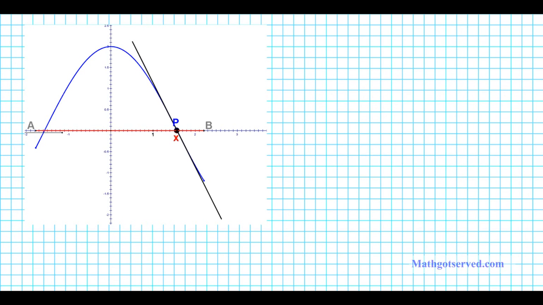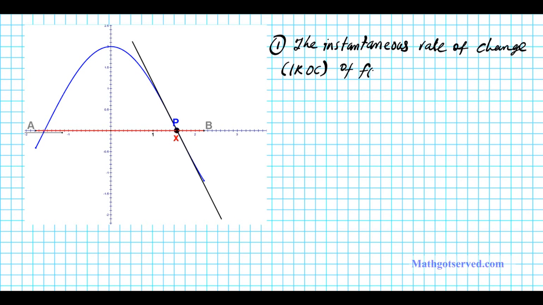The first thing I can deduce, number 1, is that the instantaneous rate of change, I'm going to call it IROC, of the function f of x at x equals pi over 2 is what? The instantaneous rate of change is negative 2.